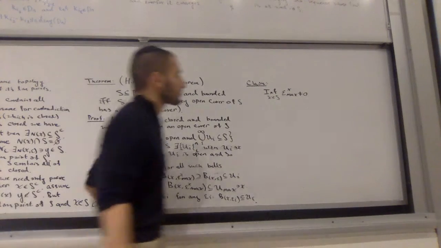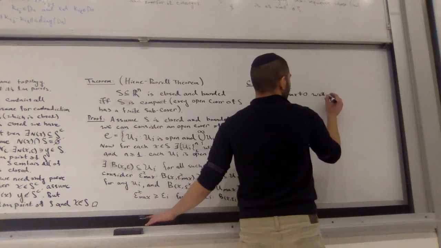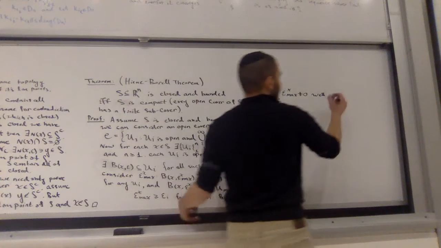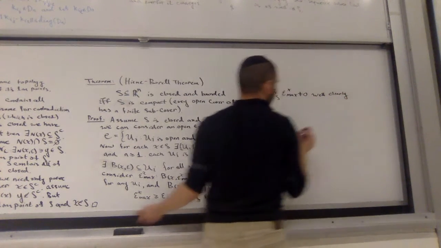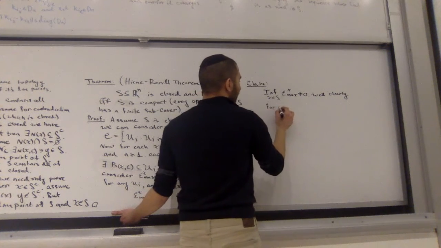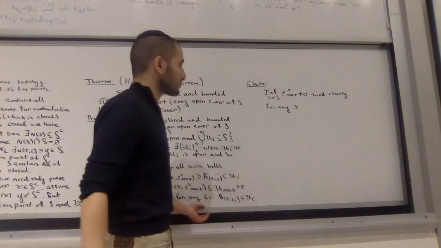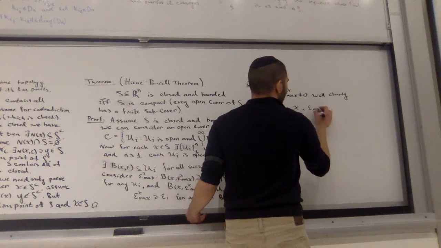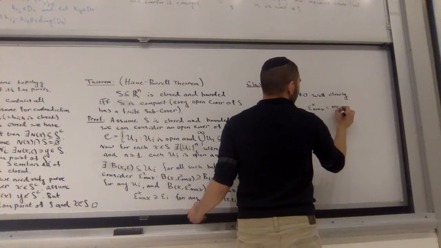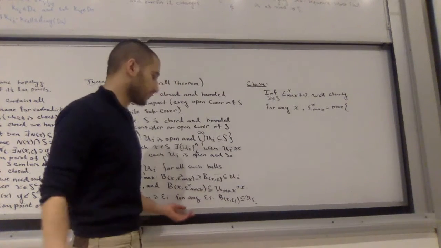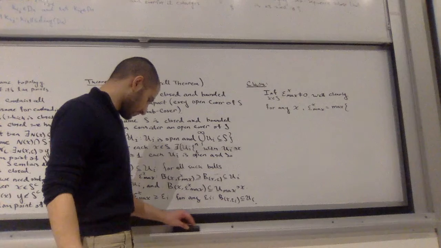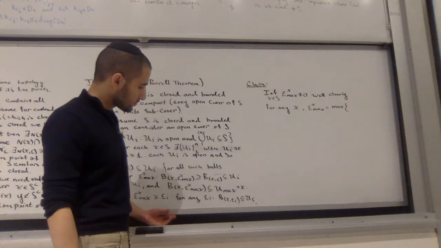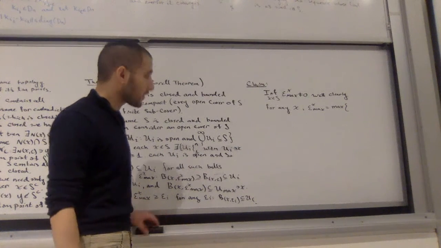Okay. Well, clearly, for any x, epsilon max x is going to be the maximum value between, well, let's say it this way.